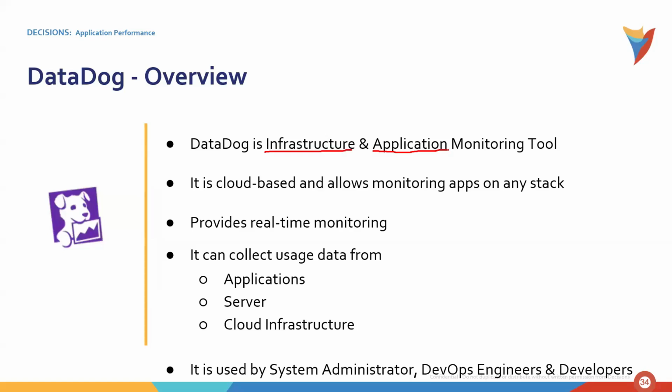DevOps engineers and developers who create applications, they may want to know what is the resource utilization of their applications that they are building so that they can optimize. Again, Datadog is helpful for them as well. Any questions? None so far. Okay.